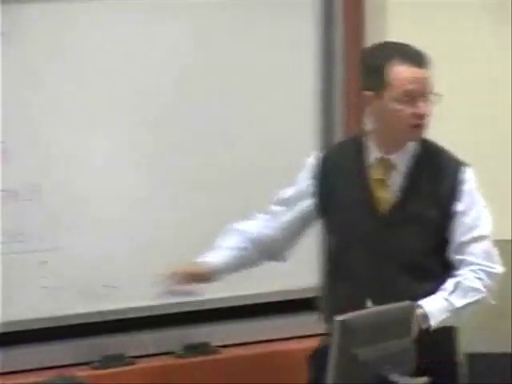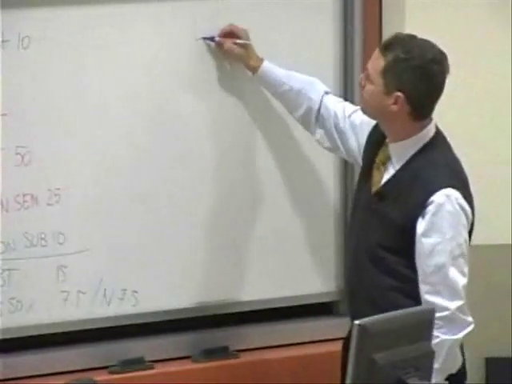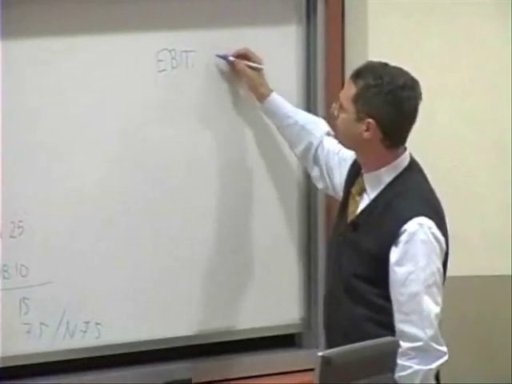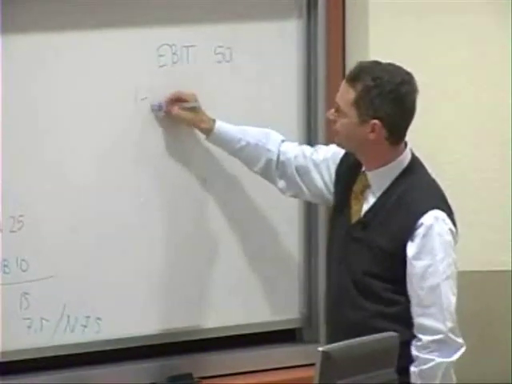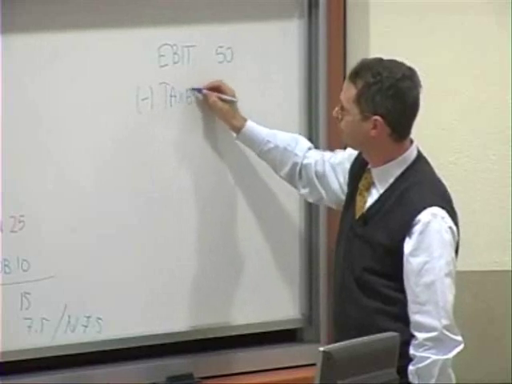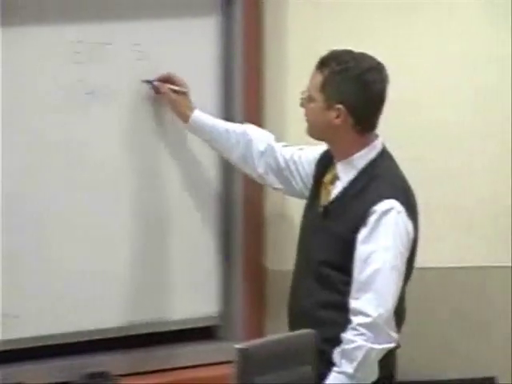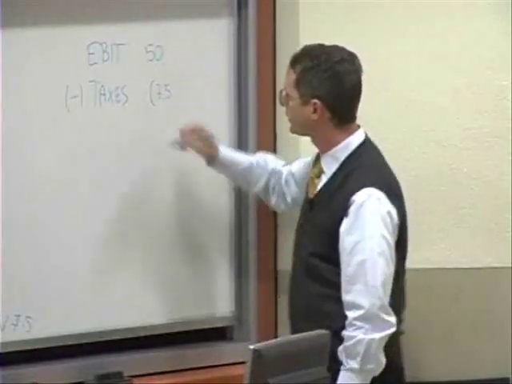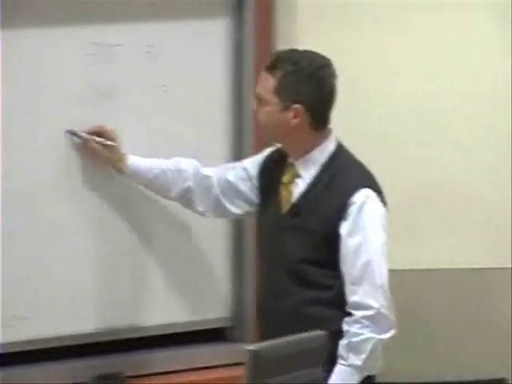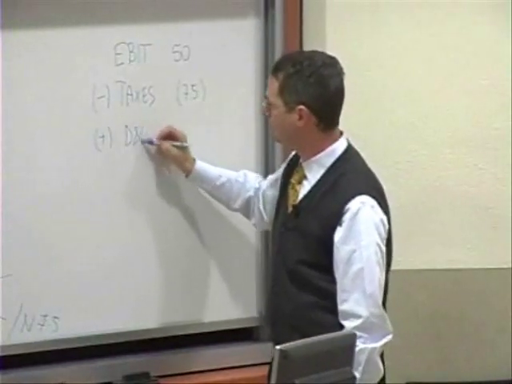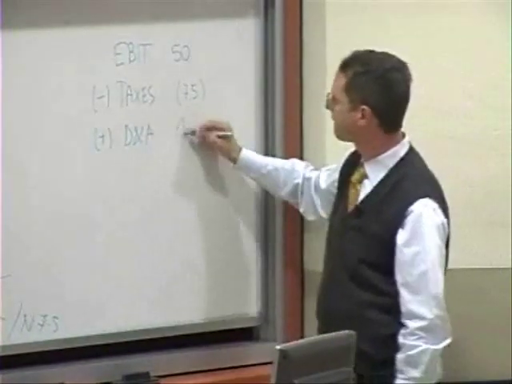It is just an effect of the tax shield. So it is EBIT, 50, minus taxes, and taxes are no more 12.5 but only 7.5, plus D&A, 150.